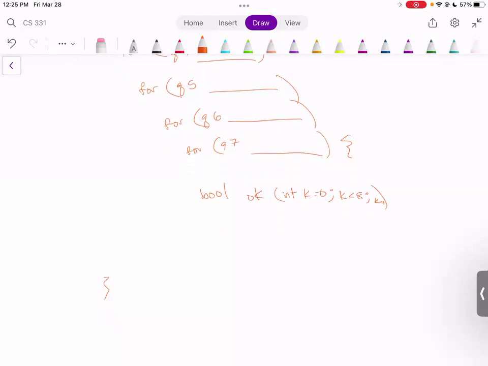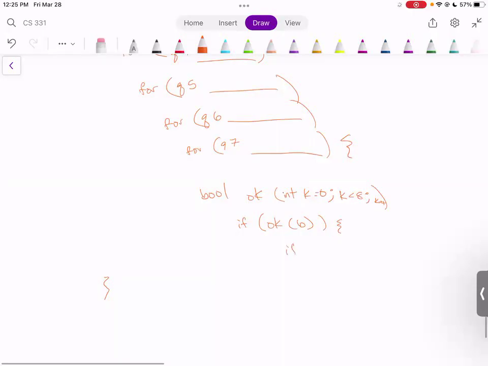And so we say, if OK of B, we just pass in the B array, then we print it. Sorry, there shouldn't be a semicolon here.